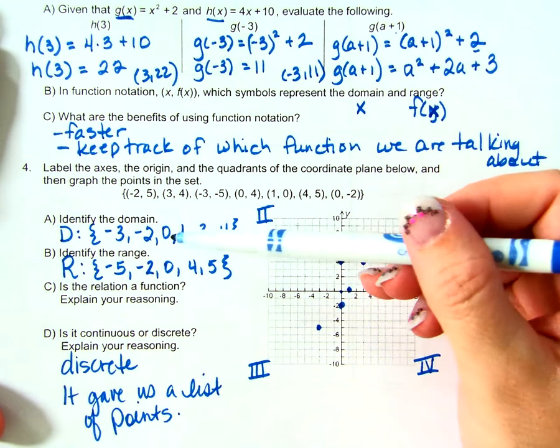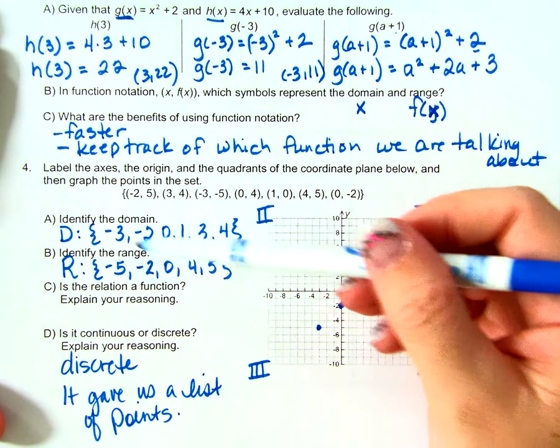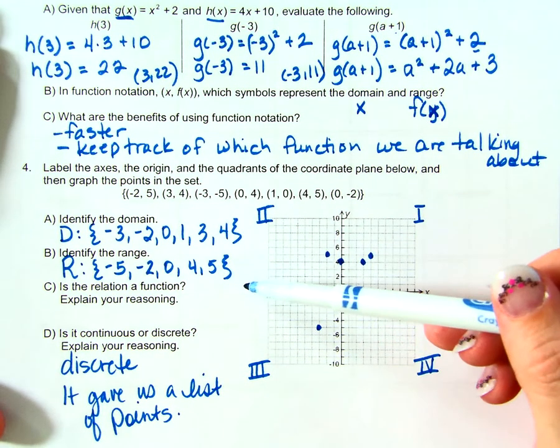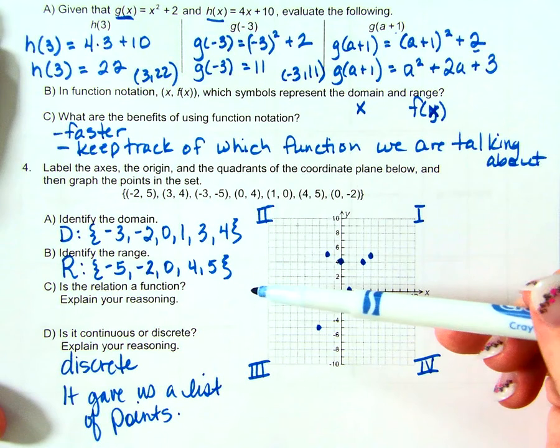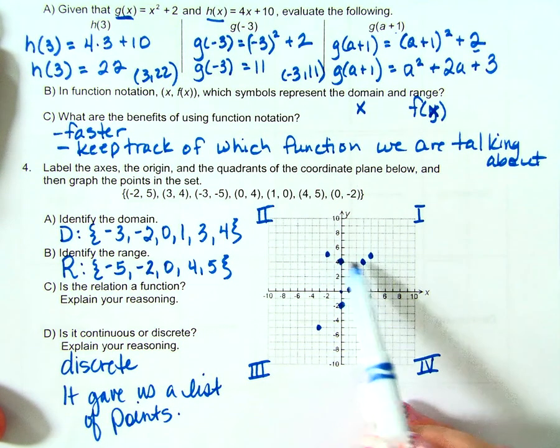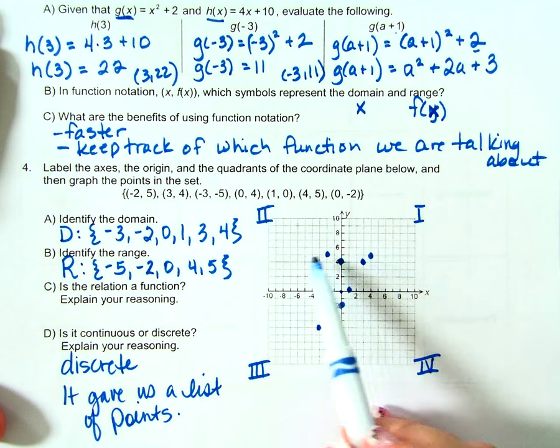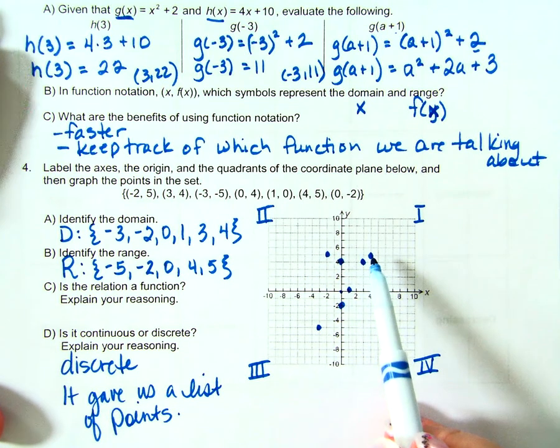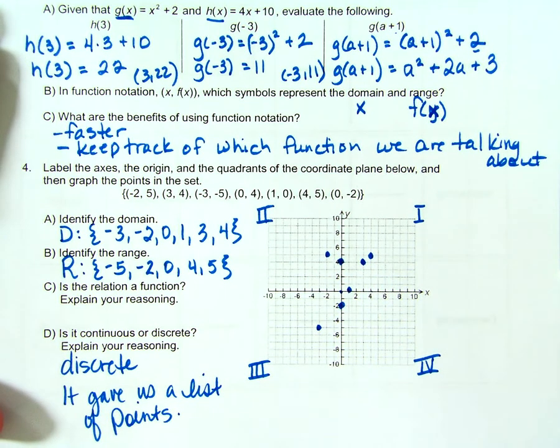If I didn't put the second 0 up here, that would be 7 and 5. Is that allowed? Absolutely, because how many 4s were there in the range? 2. How many 5s were there in the range? 2. It's okay.